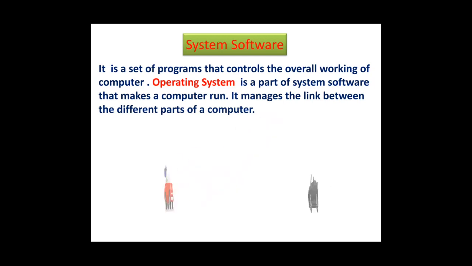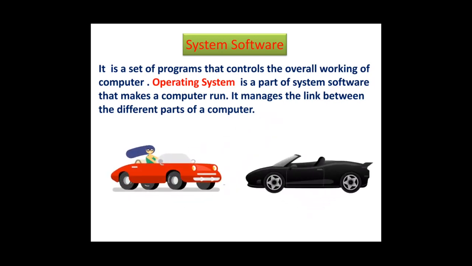To understand, see, there are two cars on the screen. One red one, a girl is driving and it's moving very fast. The other black one is also very good, but it's not moving. Why?